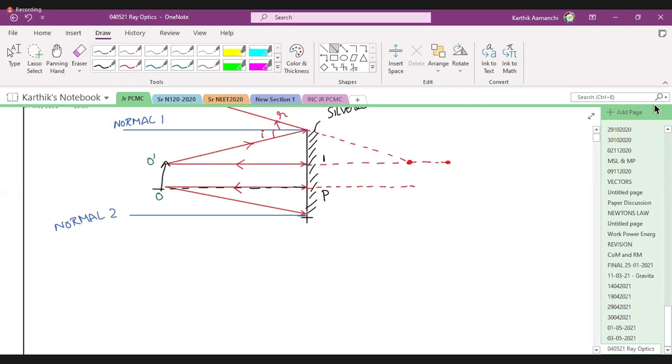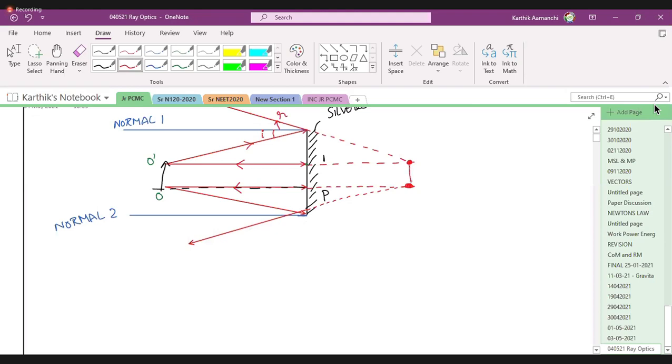So again, light gets reflected like this from this point. Yes, sir. Right? So if I join this and go back, it appears as if it is coming from this point.